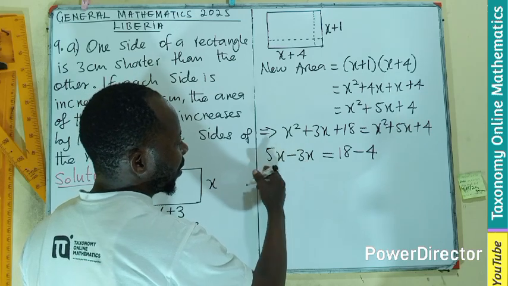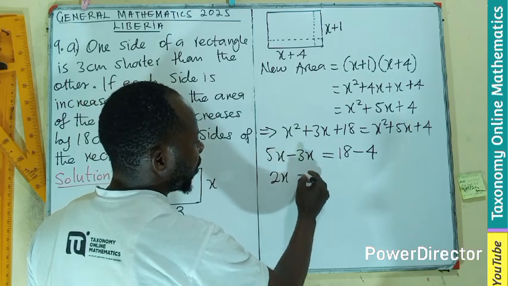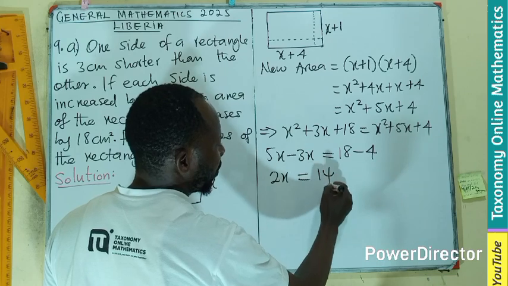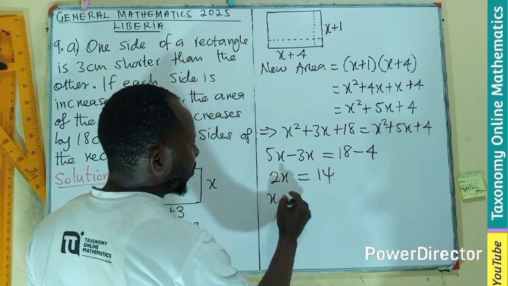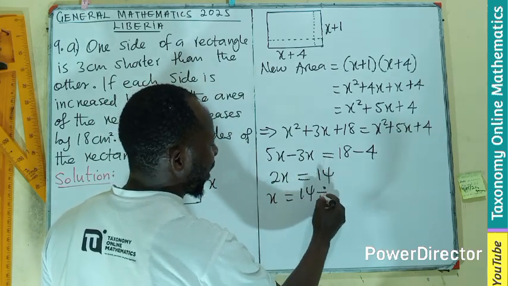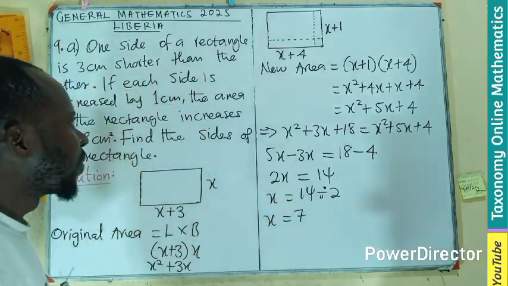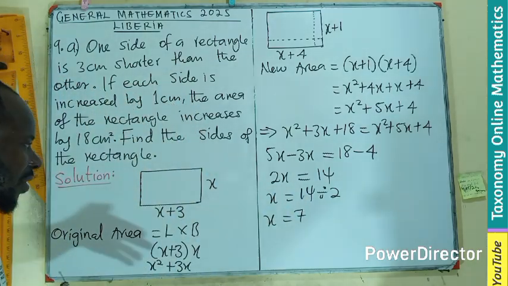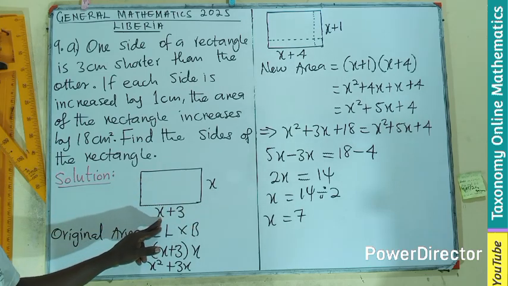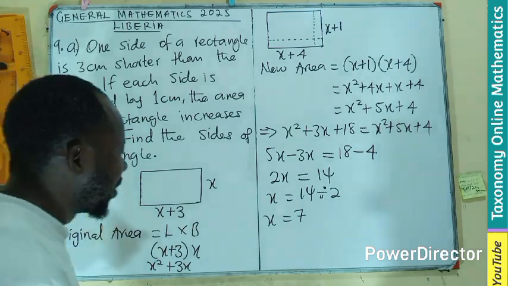I should be having 2x equals 14. Your x becomes 14 divided by 2. So x is nothing but 7. So if x is 7 here, then the other side is going to be 7 plus 3.